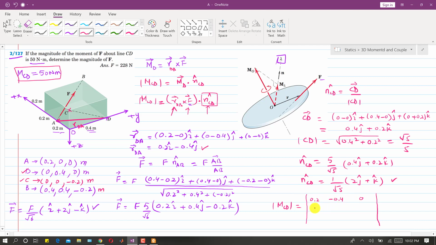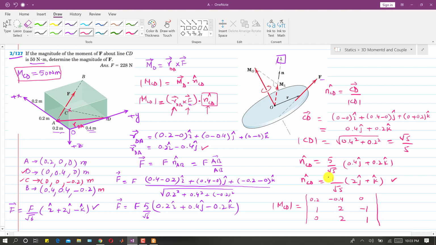Then I will write the force vector, which is 1, 2 and minus 1. And then I will write this CD unit vector, 0, 2J plus 1K.